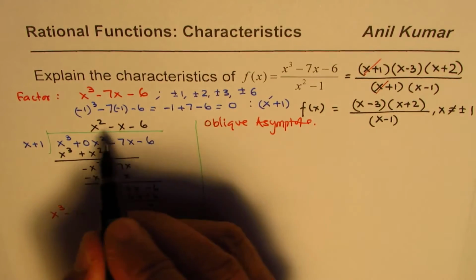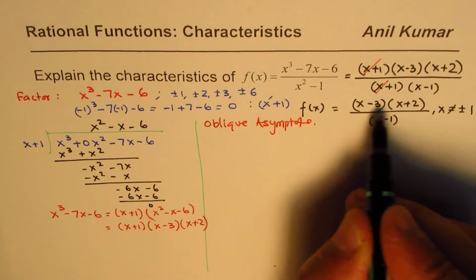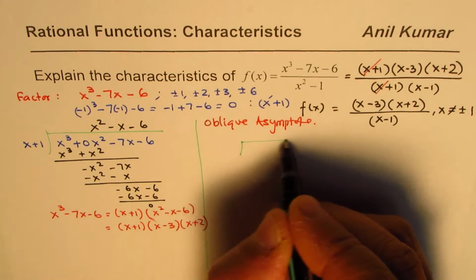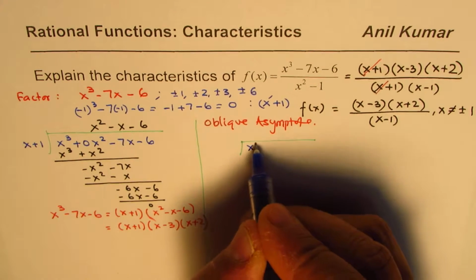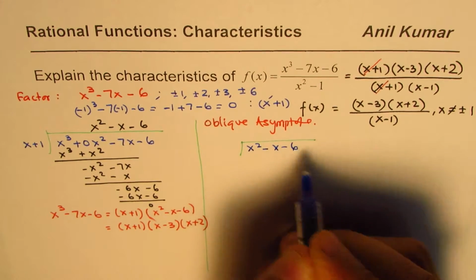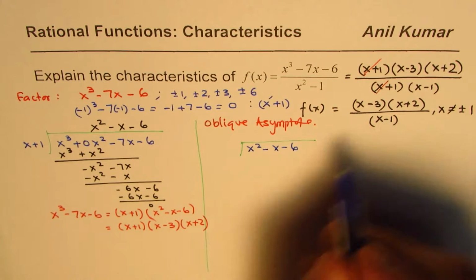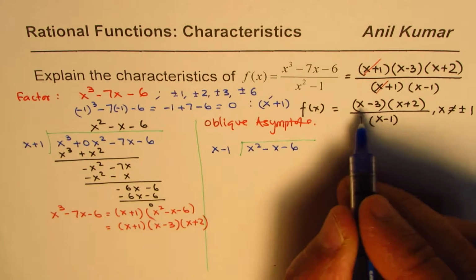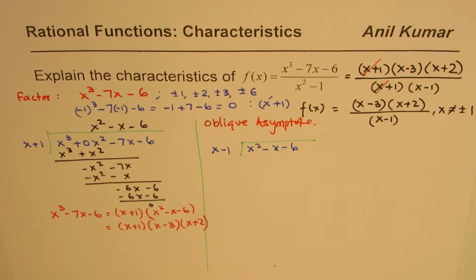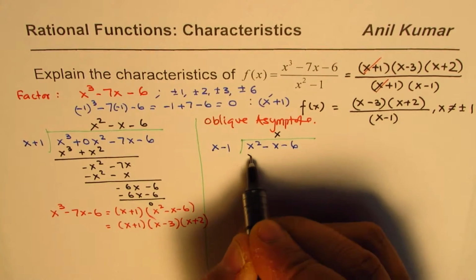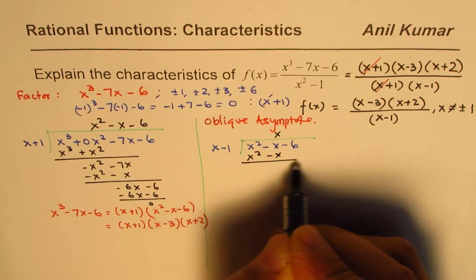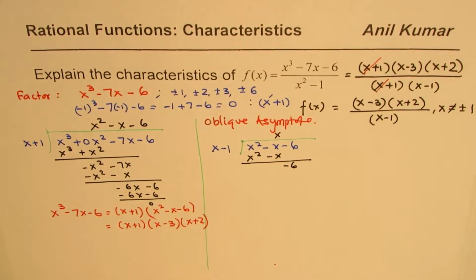That we can do by dividing this quotient, which is the product of these two, so it is x squared minus x minus 6 by the denominator x minus 1, correct? This is the expanded form of the factored form, right? So that gives us x times x minus 1 is x squared minus x, and that leaves a remainder of minus 6.